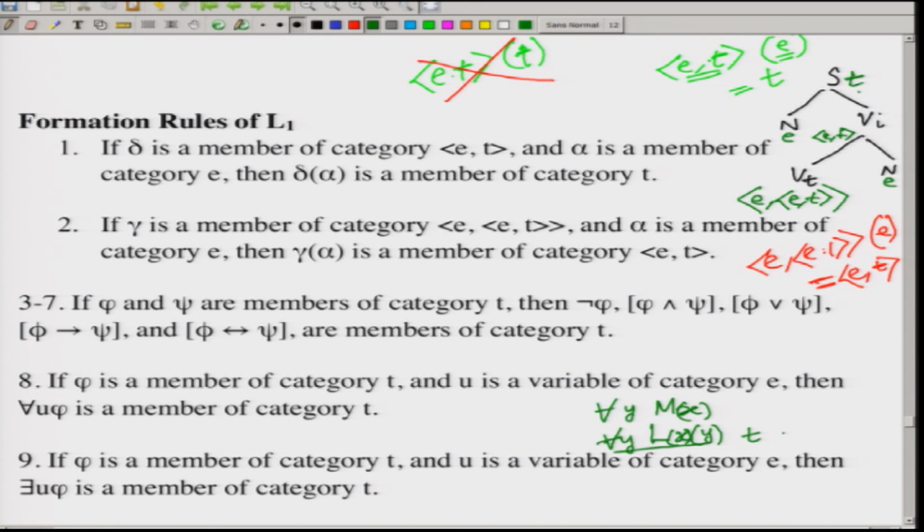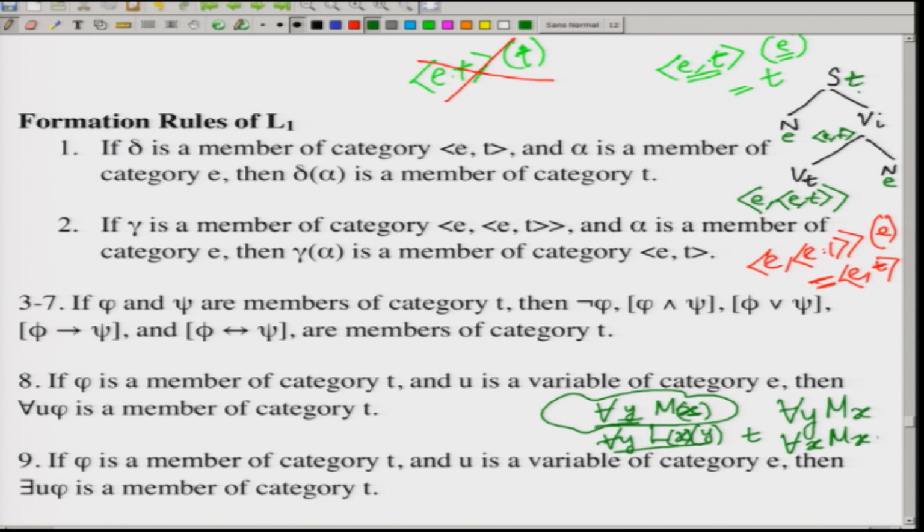Remember that it allows us a construction like this, and once again this quantification is vacuous quantification, because y is not binding x, but still this construction is absolutely fine. You can construct a formula like ∀y M(x). Also you can construct a formula like ∀x M(x).